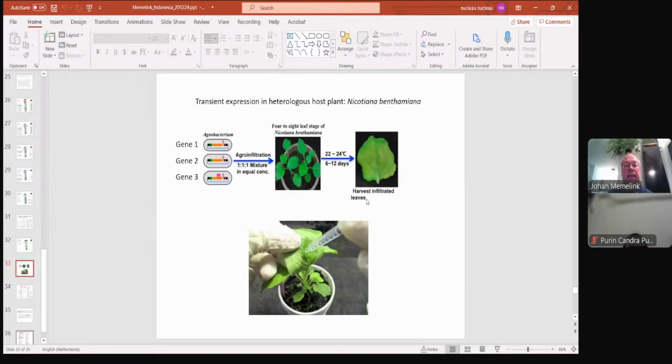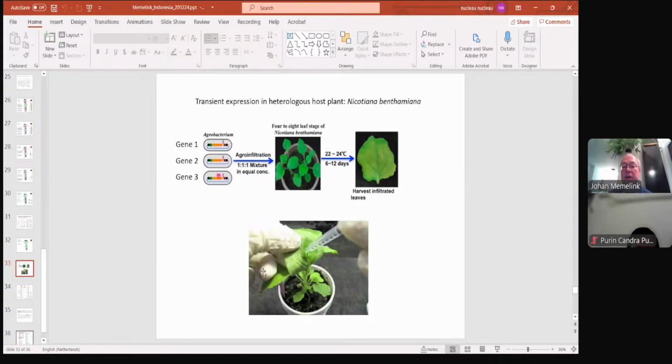And the way this works is that you introduce each of the genes that you want to test in Agrobacterium tumefaciens. So this is a soil bacterium which can transfer DNA to plant cells. And then you can mix the different Agrobacterium strains with the different genes and infiltrate them in plant leaves.